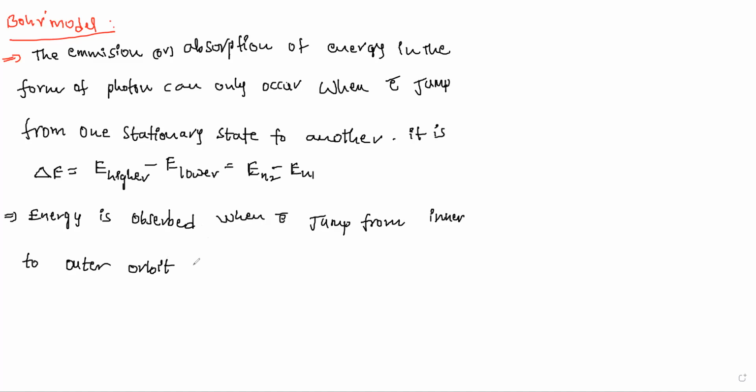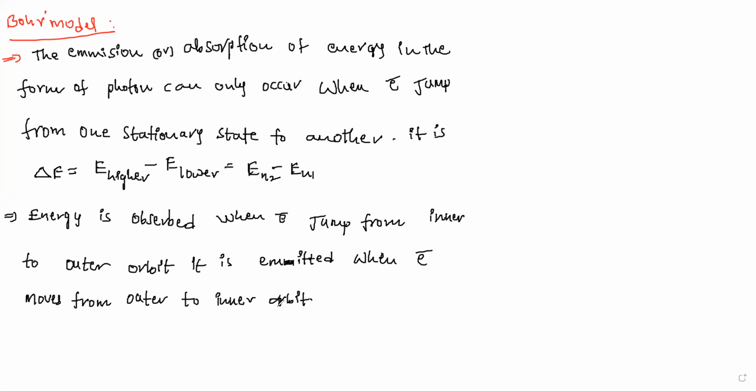And it is emitted, that means released, when an electron moves from an outer to an inner orbit. Here N2 is greater than N1.